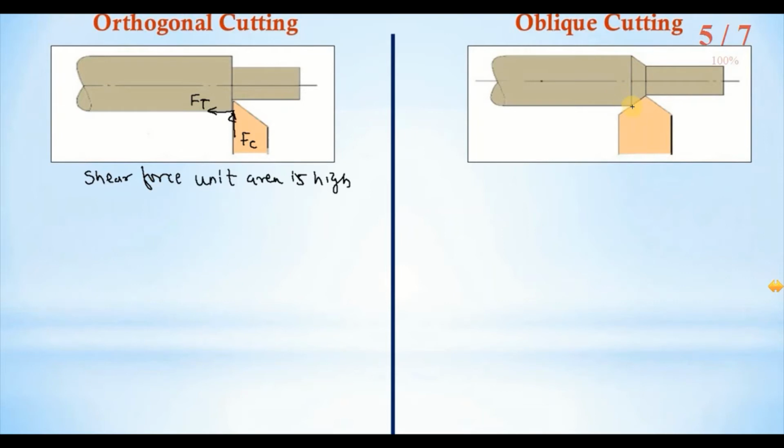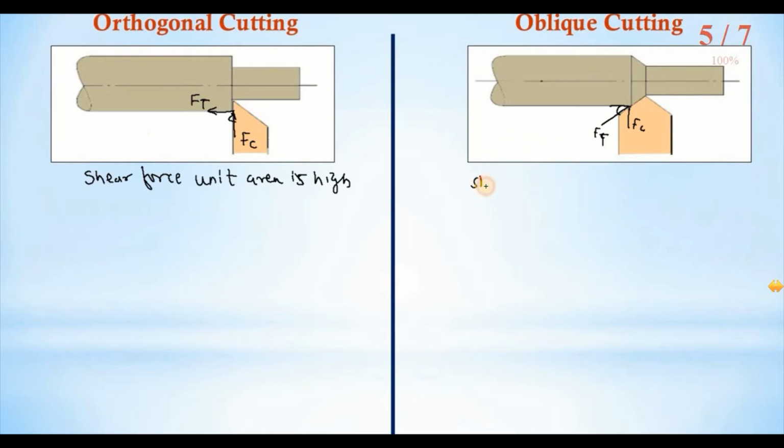And in oblique cutting, the cutting edge is at some angle, so this is our Fc and Ft is at some angle, so we are getting three components of forces, that is Fa, Fr and Fc.